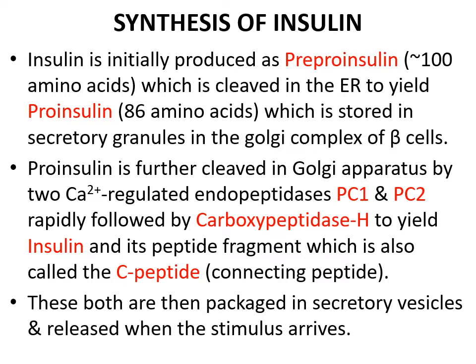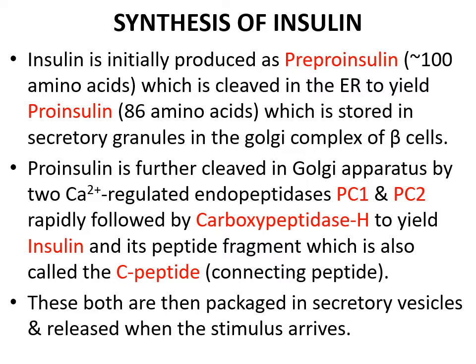So insulin is initially produced as pre-proinsulin, which is 100 amino acids long and is cleaved in the endoplasmic reticulum to proinsulin, which is 86 amino acids long and is stored in secretory granules in the Golgi complex of beta cells.